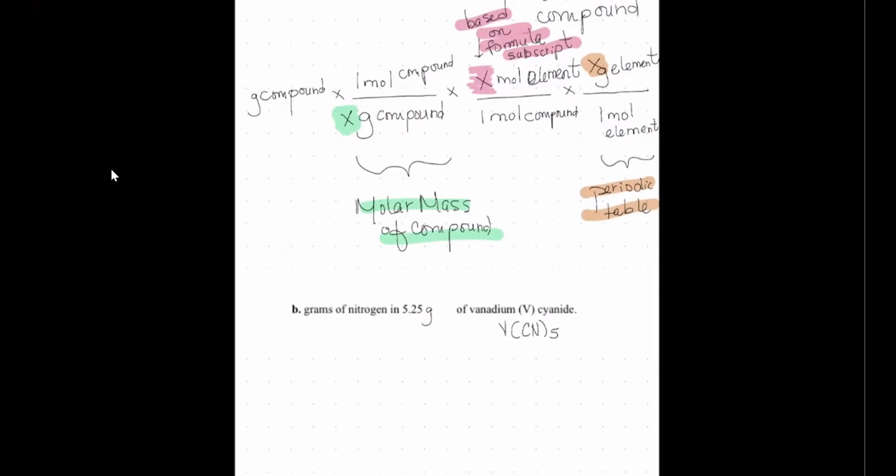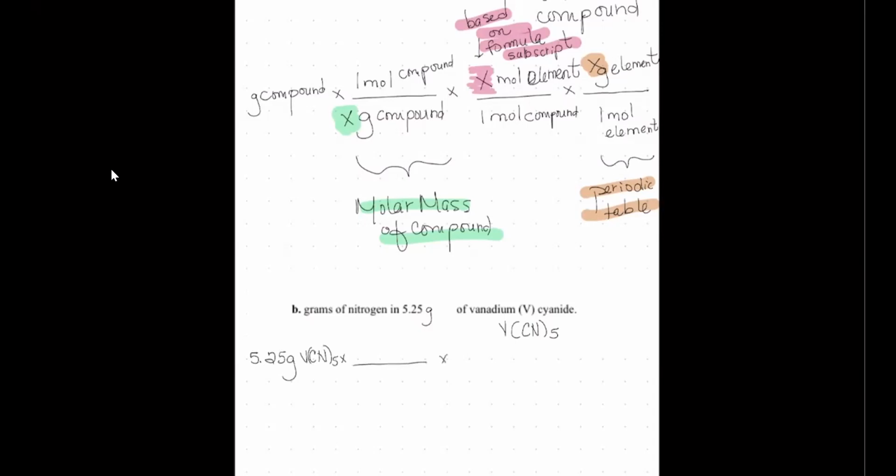Again, in this compound, we have vanadium, we have carbon, we have nitrogen. We're only interested in the nitrogen. Again, utilizing the flow of work that I just wrote there, you're going to write what was given to you: 5.25 grams of VCN5.